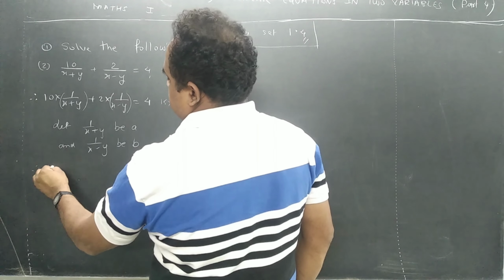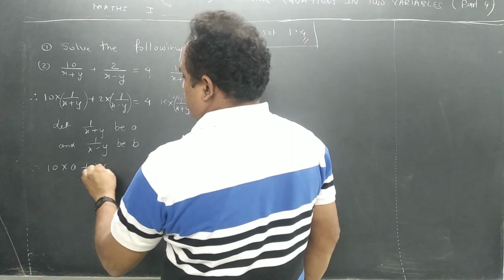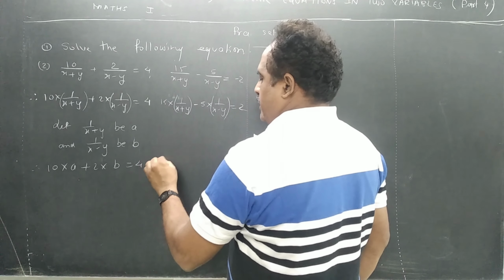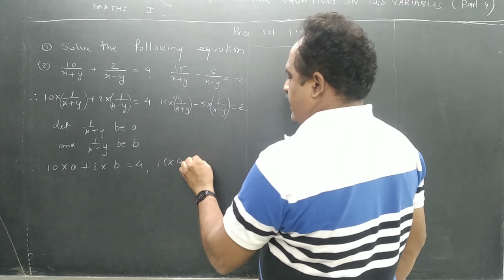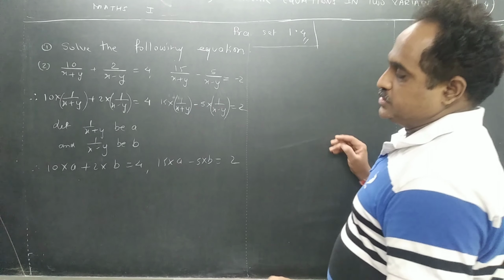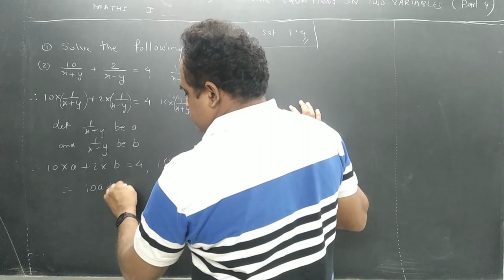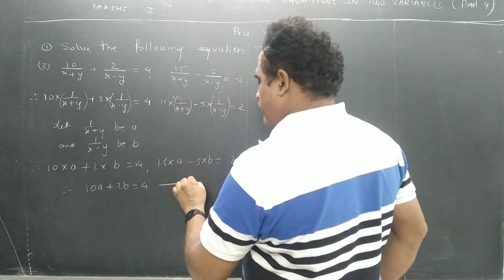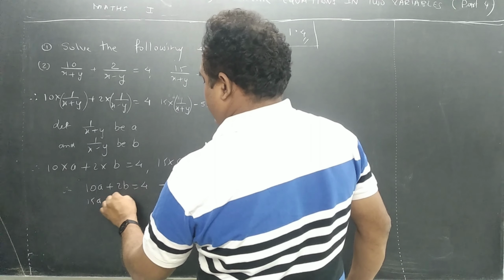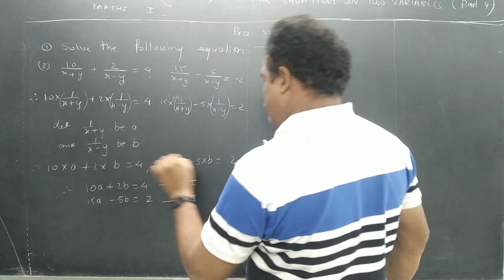This becomes 10 into a plus 2 into b is equal to 4. 15a minus 5 into b is equal to 2. So what do you get now? 10a plus 2b is equal to 4 is equation 1. And 15a minus 5b is equal to 2 is equation 2.